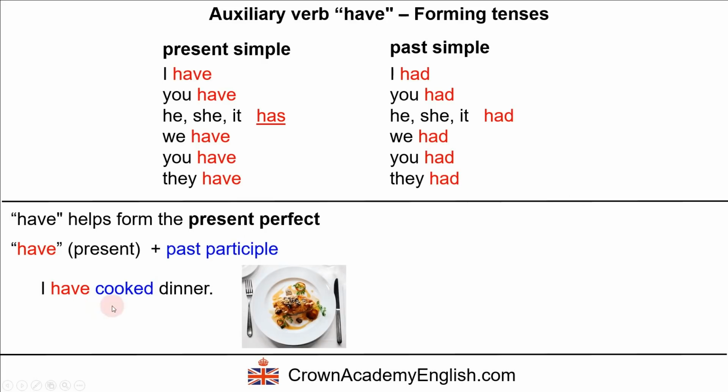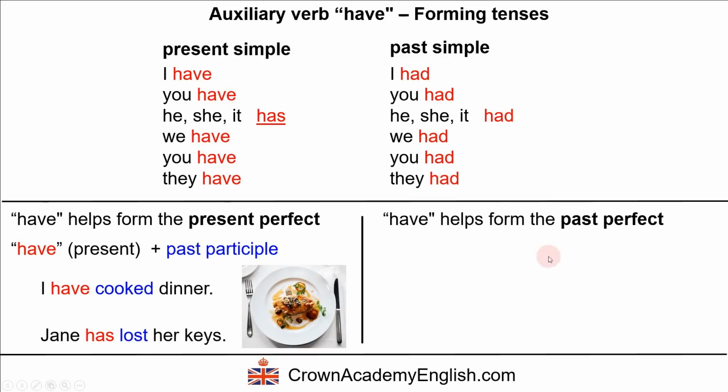Example, I have cooked dinner. Jane has lost her keys. Okay, so here we have the auxiliary verb have in the third person singular present, followed by the past participle of the verb lose, which is lost.